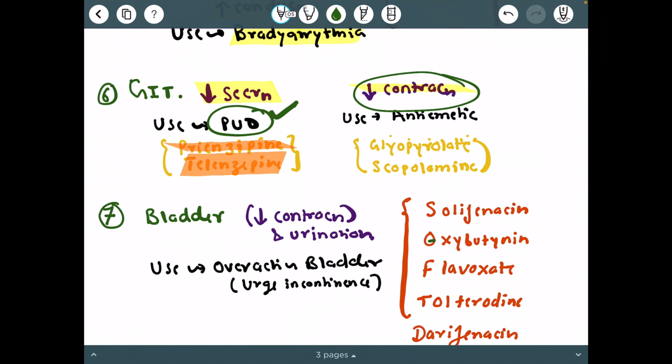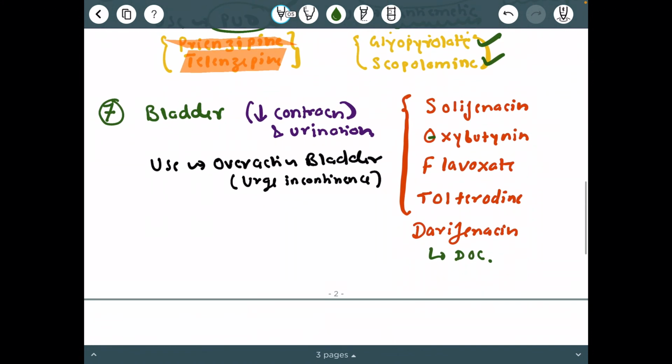In cases of vomiting, there is increased contraction in the upper GI tract. So we give an M3 blocker like glycopyrrolate or scopolamine. They will decrease the contraction and are used as an antiemetic. Here the use was peptic ulcer disease, which is caused by increased HCl secretion, and here this is antiemetic.